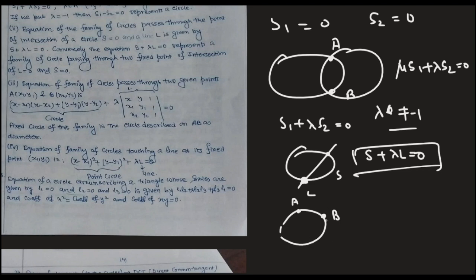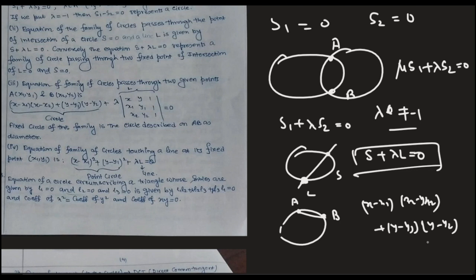So first of all, we consider (x minus x1)(x minus x2) plus (y minus y1)(y minus y2). But here they never said these are the endpoints of a diameter. Okay, now we take this one, the equation of the family of circles passing through the given points.